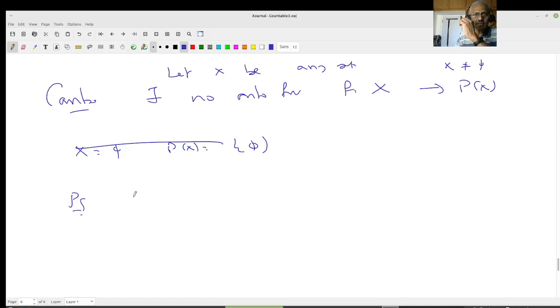This is a mind-blowing proof. When I was in, let me just make eye contact with you. I learned set theory only in the first year of MSc in my days. All of you would have learned it in 7th, 8th or 9th standard, right? I learned only when I was in first MSc. In fact, all people of my generation learned only in the first year of MSc. We learned something about set theory.